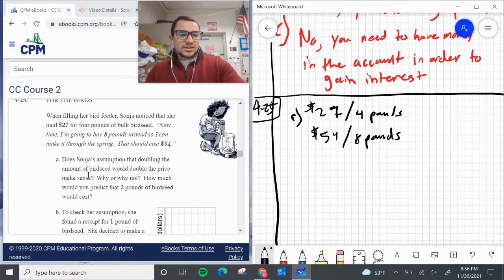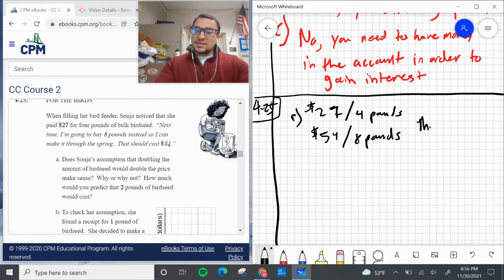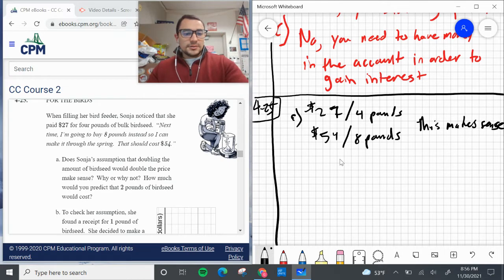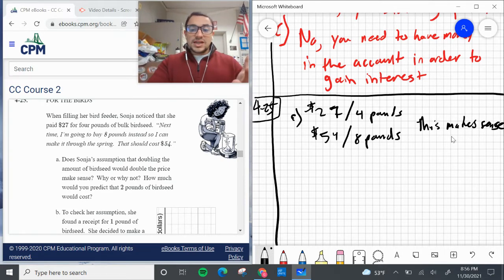And it says, does Sonia's assumption that doubling the amount of birdseed would double the price, does that make sense? Yes, this makes sense. Why or why not? Because 4 pounds is $27. So by doubling your poundage, you're doubling your value.